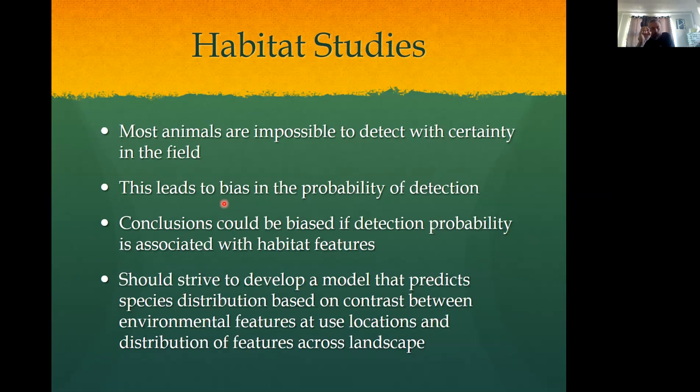And I understand that's probably a kind of confusing idea, but the idea here is that we're going to try to correct for some of these issues by taking lots and lots of different observations of animals, where are they using things, and what is common to those areas, and say, okay, even if we didn't make a direct observation here, it's got some of these features that might suggest that we would find them there at some point or another. And use that to kind of deal with some of this bias issue.